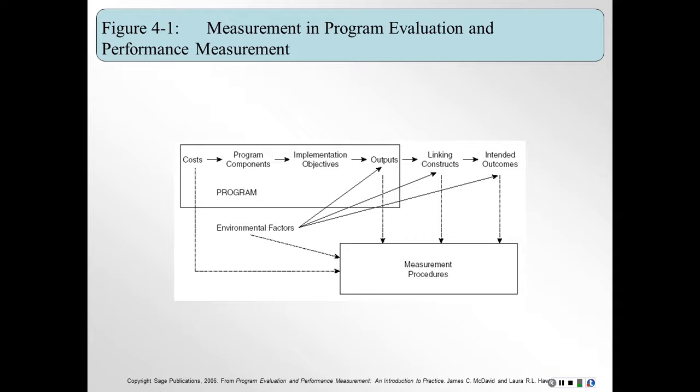The end result of that is a variable, which we hope, we believe, we try to prove, is related to and is a good indicator of the underlying construct. And again, those constructs might be the outputs of the program, or the linking constructs of our program logic model and design, or the intended outcomes of the program.